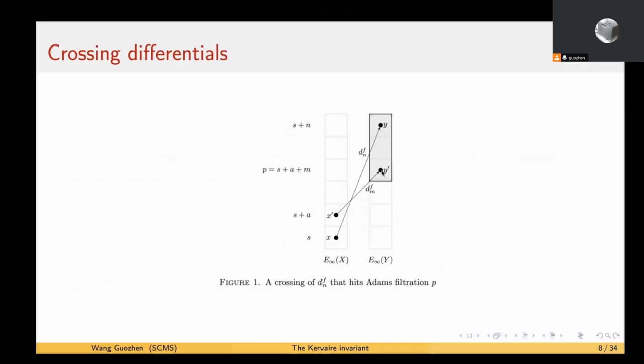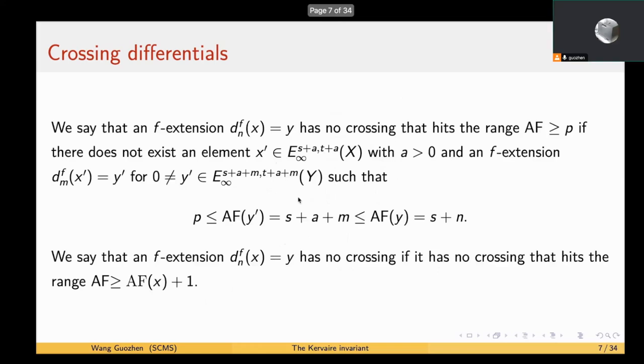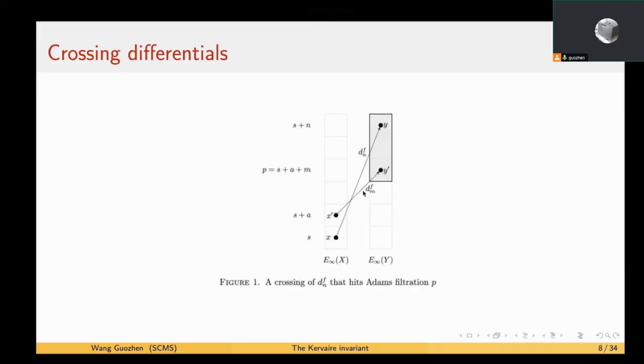And when the target of this crossing differential lies in Adams filtration p, we say that's a crossing in Adams filtration p. From this definition, no crossing differential that hits the range of Adams filtration greater than or equal to p means that the crossing differential does not hit this gray range.